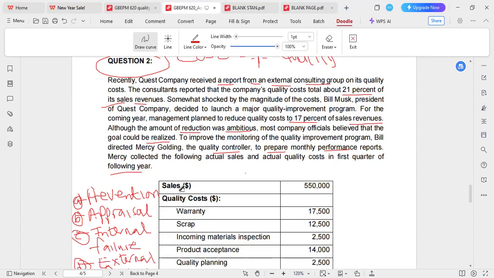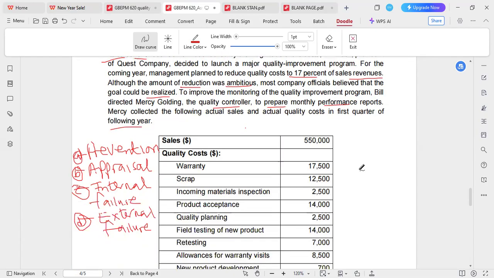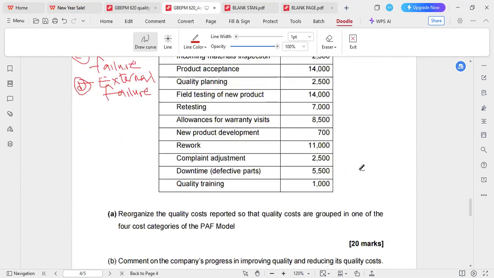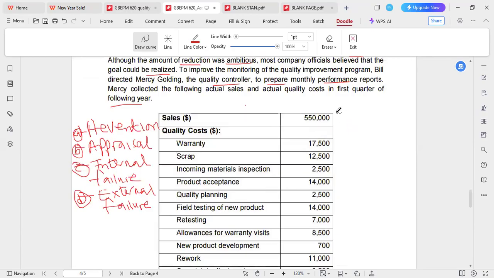So these are the cost of quality. And of course, this was the sales revenue.